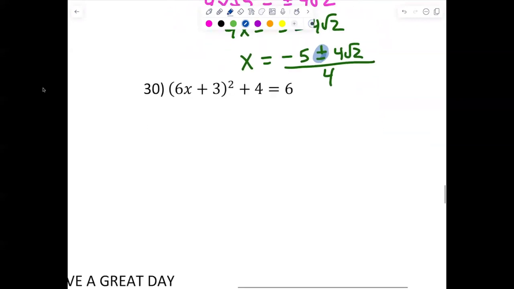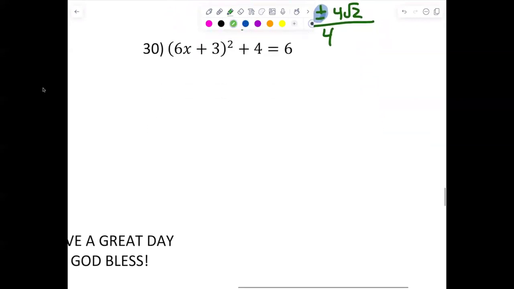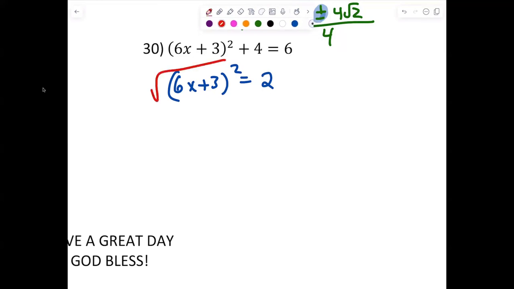All right, here we go. Number 30. What do I do first? Subtract 4. 6x plus 3 squared equals what? 2. Now what? Take the square root. What does that equal?